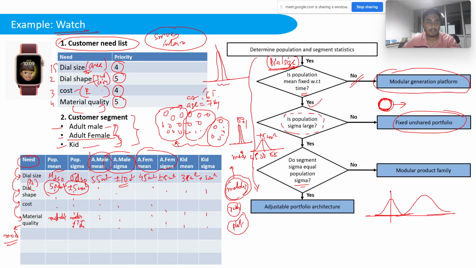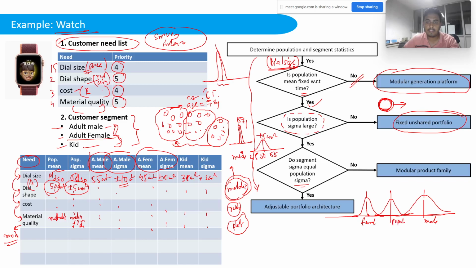For female, mu is less, but the variance and standard deviation are the same. This is for male, this is female, this is your population.